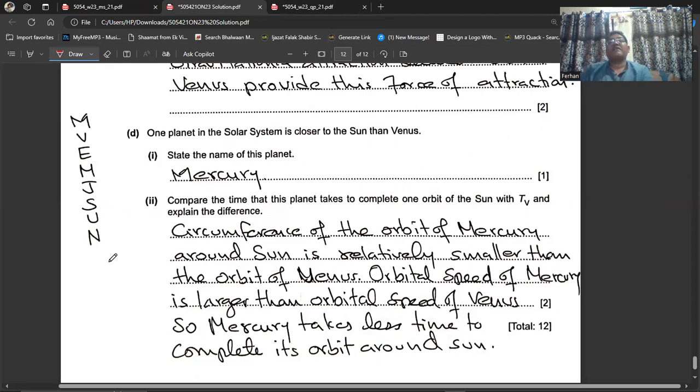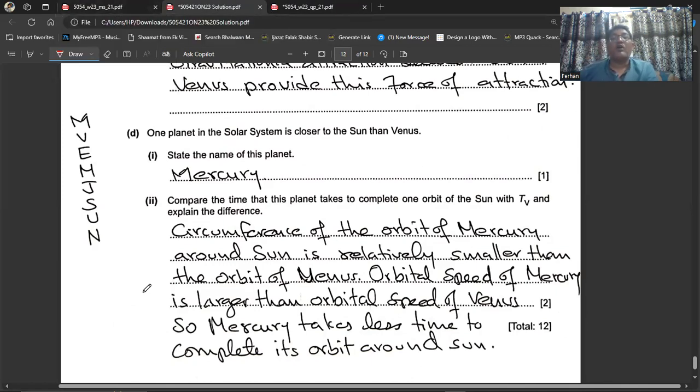So that's why the time period taken by the Mercury to complete one orbit around the sun is less than the time taken by the Venus to complete one revolution around the sun.